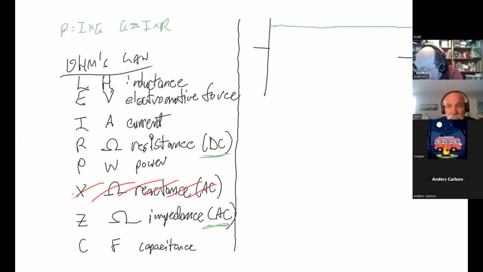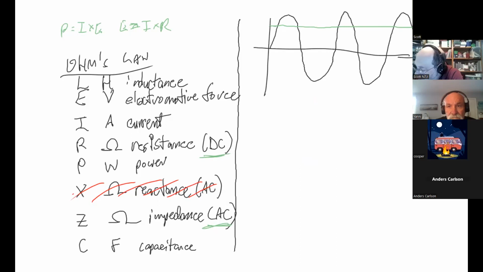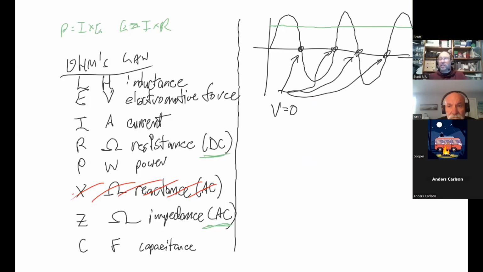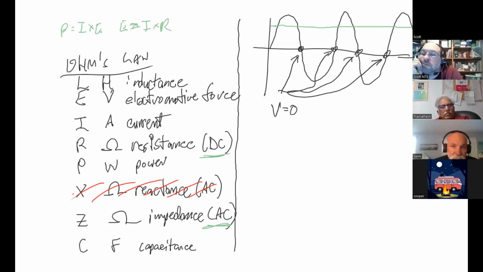When our voltage is 0, and our voltage is 0 here and here and here, what is our power? 0. We have no power. No power at all. That's right. So all those times we have no power.